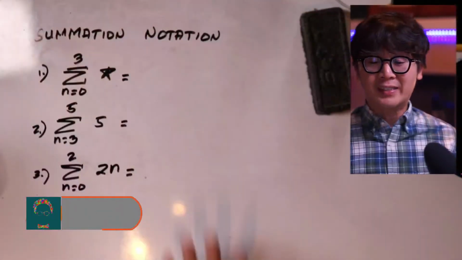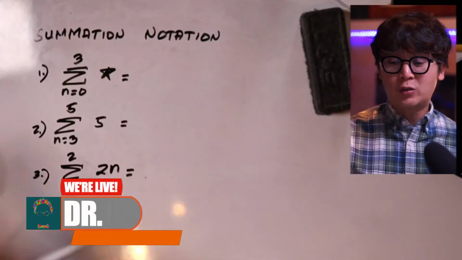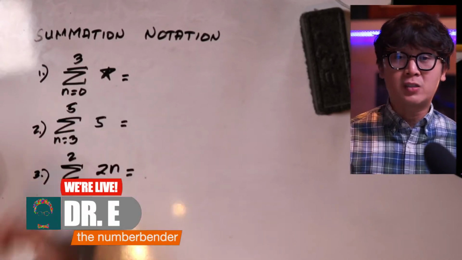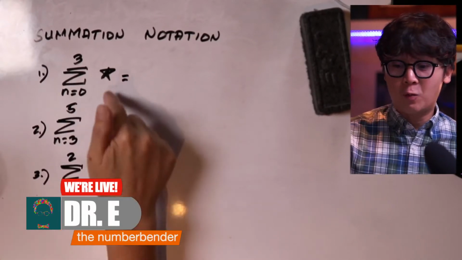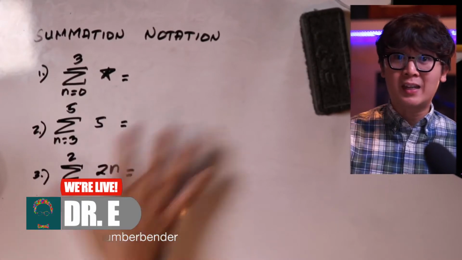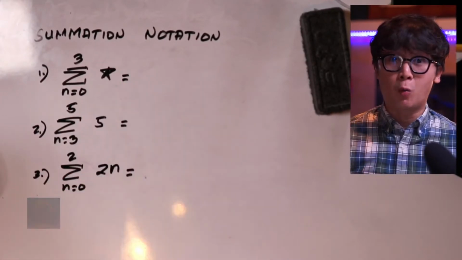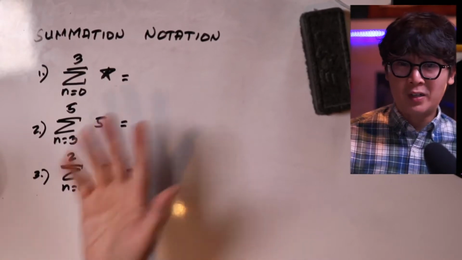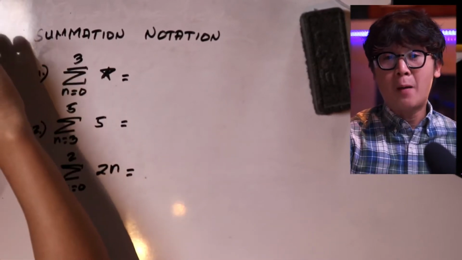That is what we're going to work on in our examples, understanding what the notation means and how it works in a math problem. In number 1, we have the summation of star as our expression from 0 up until 3.